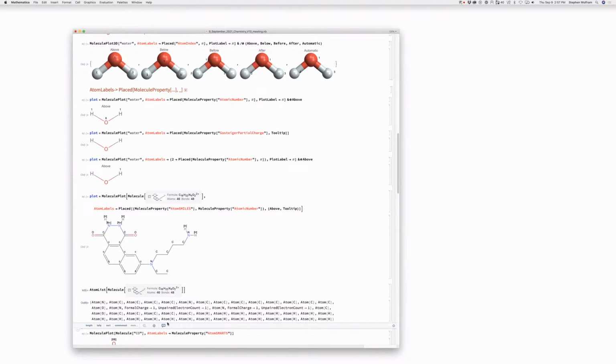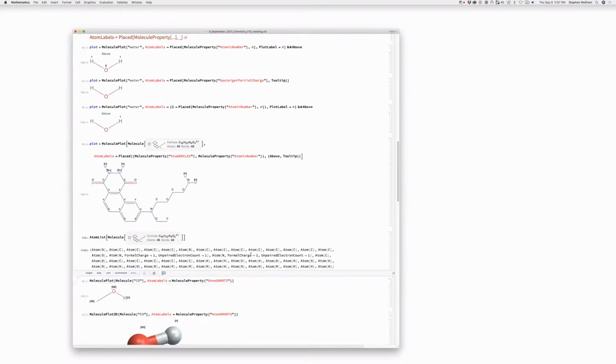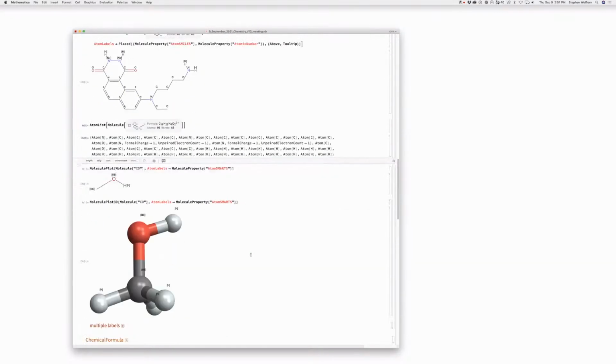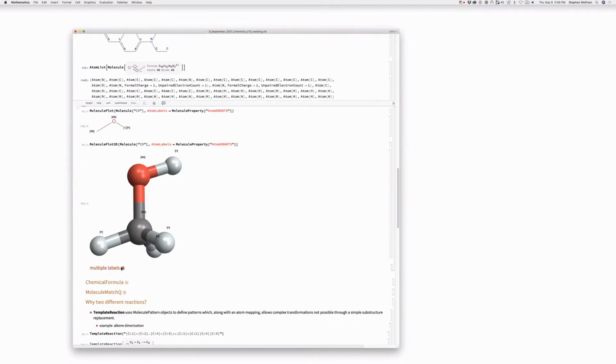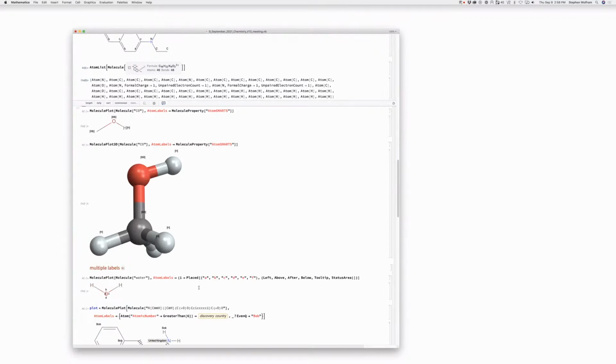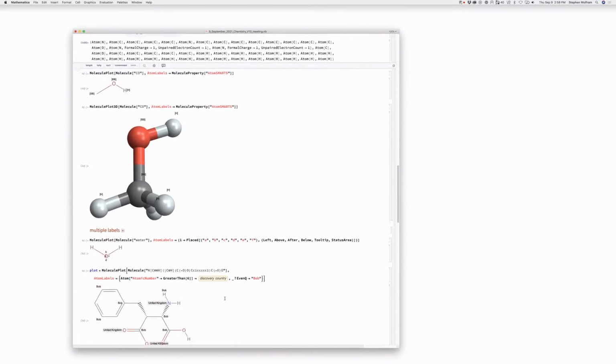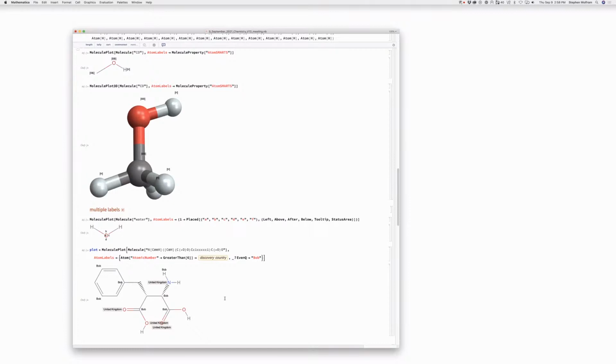Okay. All right. I mean, this seems uncontroversial. This molecule property thing seems fine. Okay. Multiple labels. Oh my gosh, and so this is also some... I mean, this is an extension of what GraphPlot has. Well, that's something GraphPlot might like to have too. So they do.